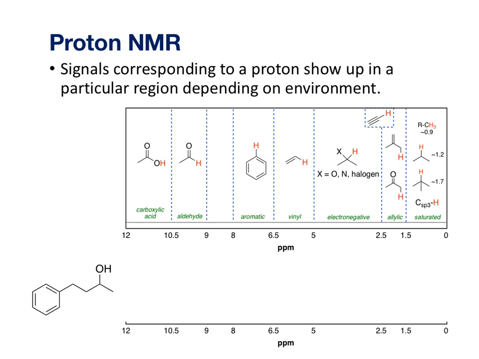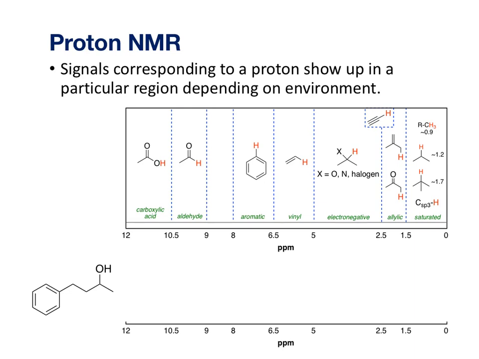The next thing you have to consider is, once you know what signals you're going to have, where do they show up? And for proton NMR, they show up usually in the 0 to 12 parts per million range. And it really depends on the environment that they're in.